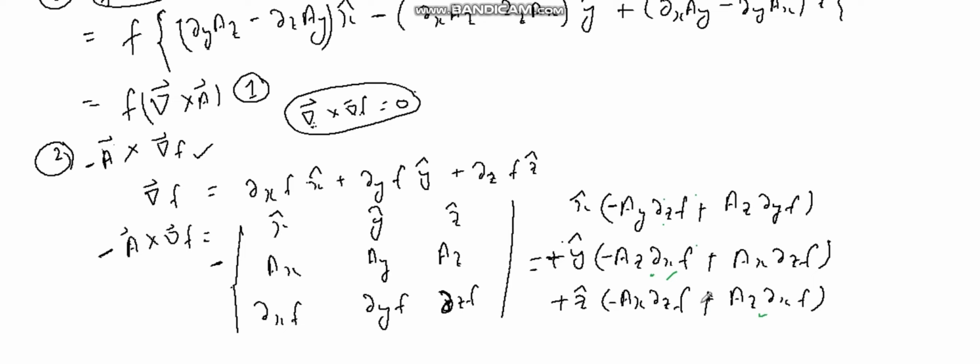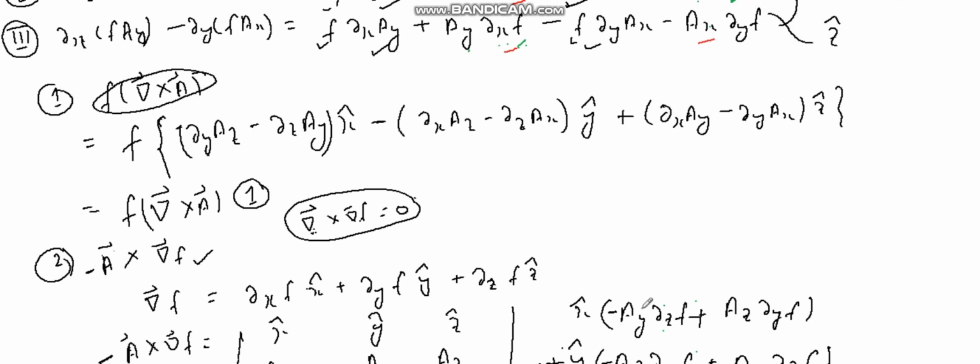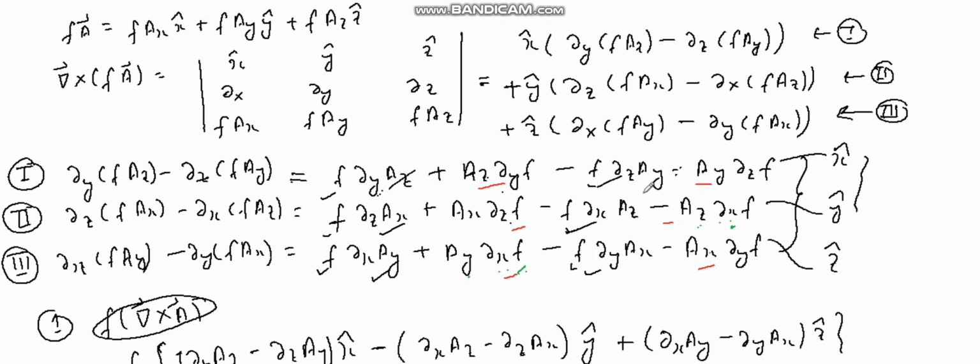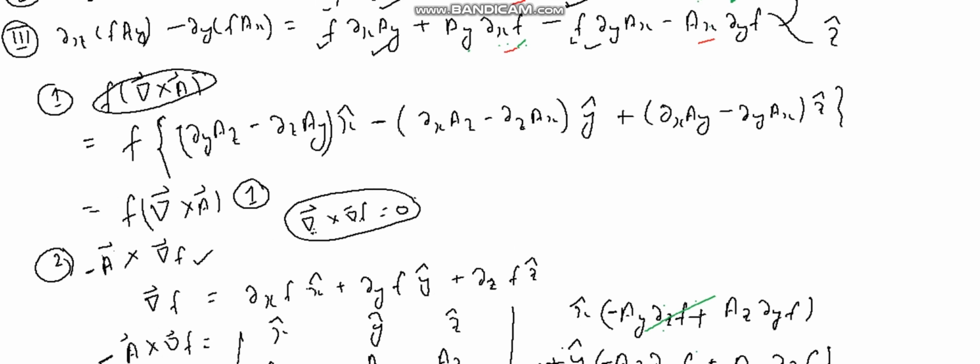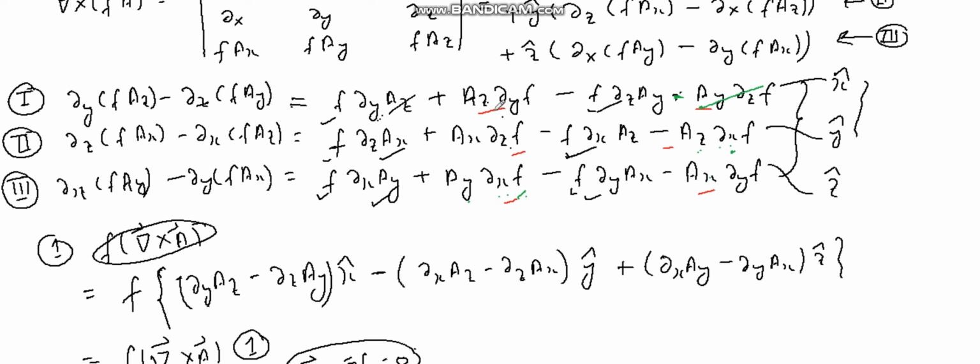Now we can compare it. Okay, so minus ay del zf, minus ay del zf. Yes, we have the minus sign. Okay, so the first term matches. Az del yf, az del yf with the plus sign.